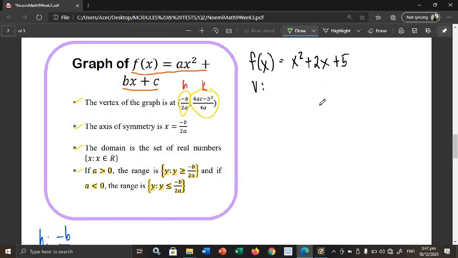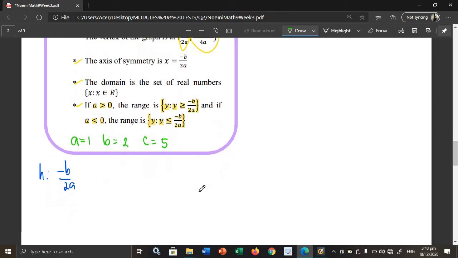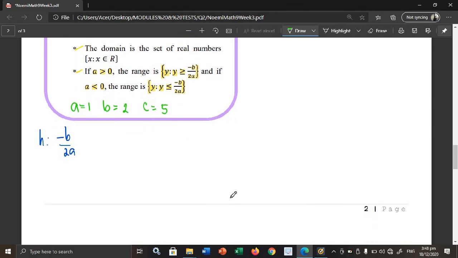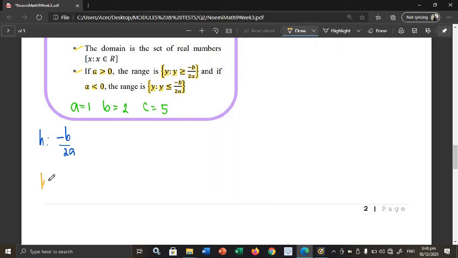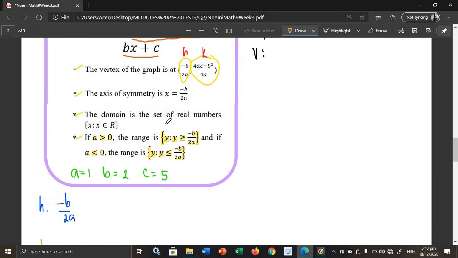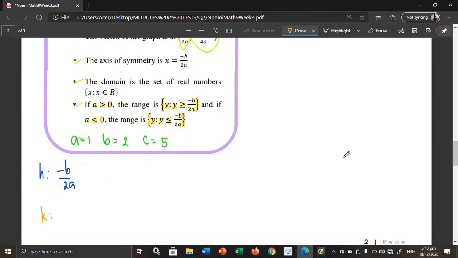So, yung a natin, we have 1. Okay, invisible 1. B is equal to 2. C is equal to 5. Okay, may values na tayo. And then, the second one is your k. Yung k, para ma-solve natin siya, we are going to use this formula. So, we have 4ac minus b squared all over 4a.